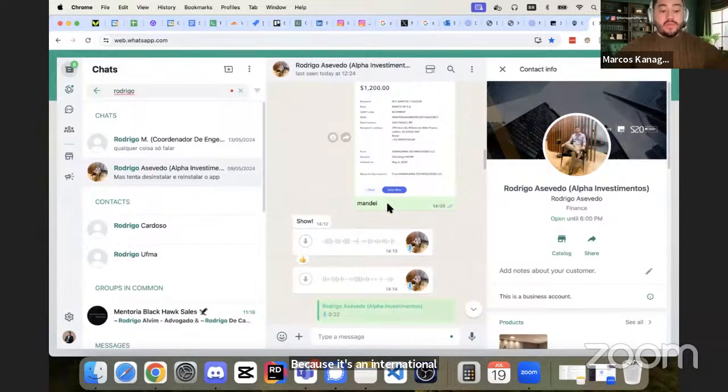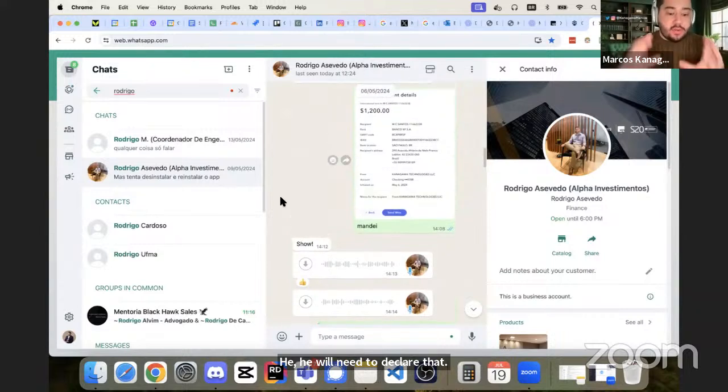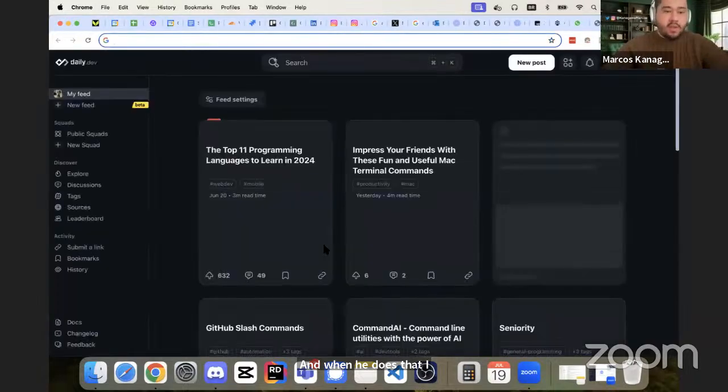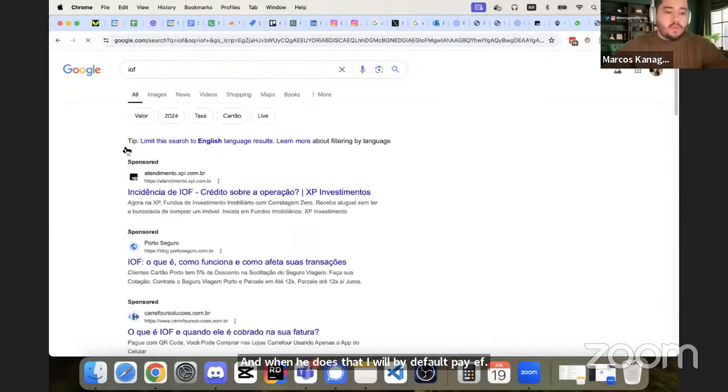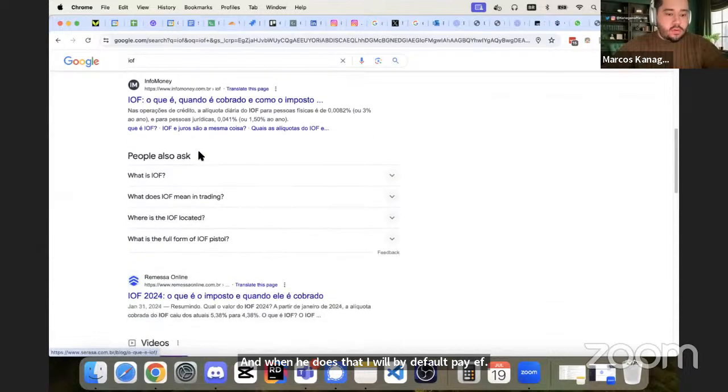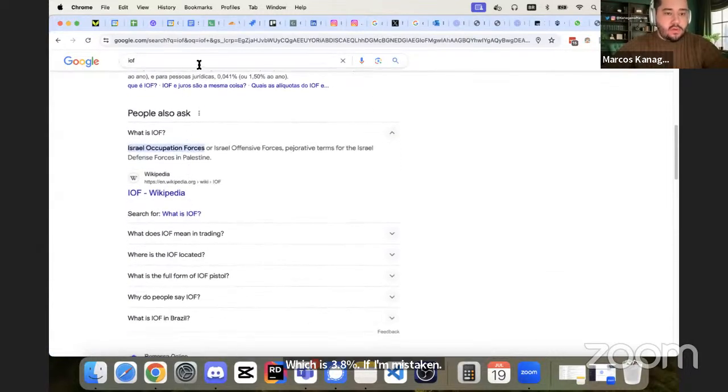So the moment he's gonna move the money to me, he will need to declare that to the authorities. And when he does that, I will by default pay IOF, which is 3.8%, if I'm not mistaken. What is IOF?